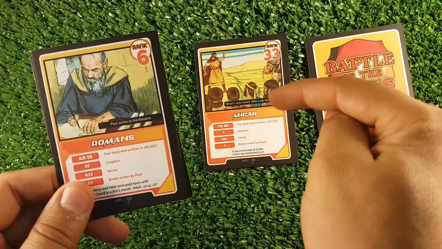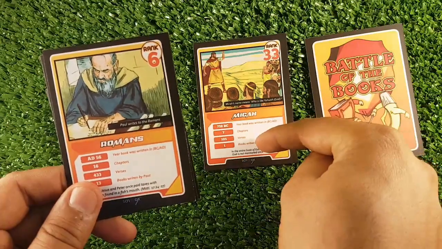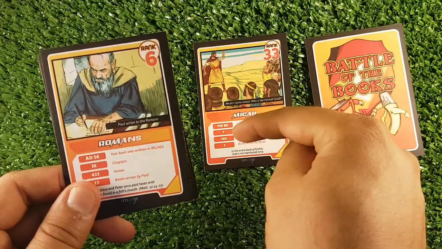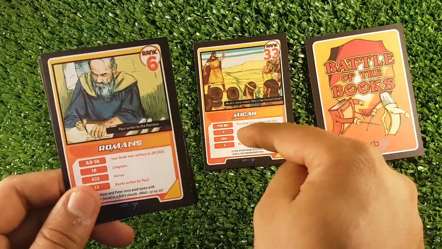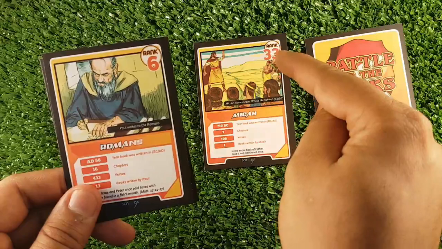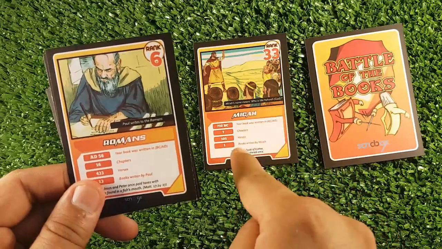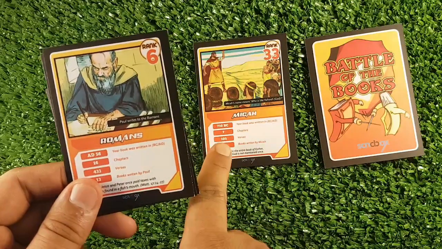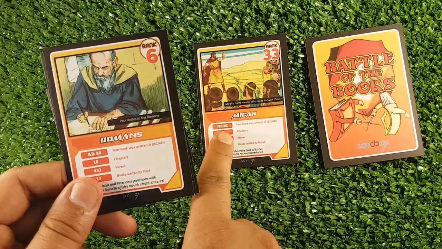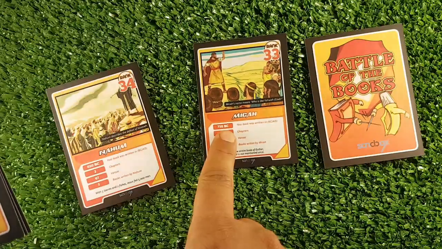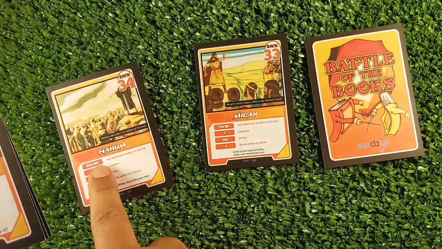Now even though it was the number of books which clashed, the player can decide on any one of these parameters. Let's say Micah, and he decides to go with 710 BC. You need to compare 710 BC and 650 BC.